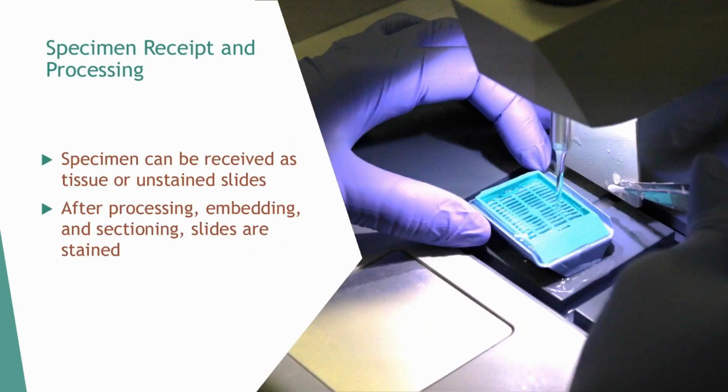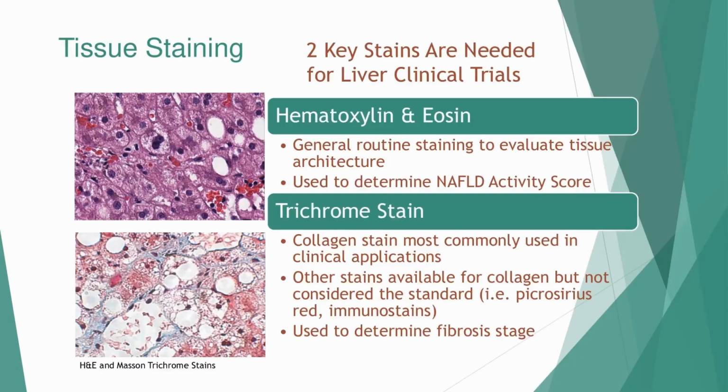As you know, these specimens can be received as either tissue or unstained slides. After processing, embedding, and sectioning, we stain the slides. For liver clinical trials, the two big stains that we use are standard routine hematoxylin and eosin, and your routine special stain, a trichrome stain.